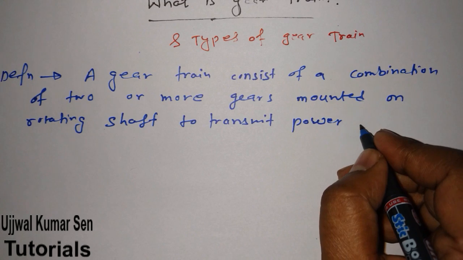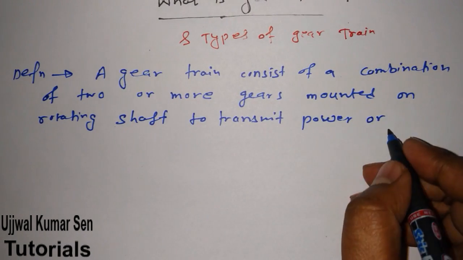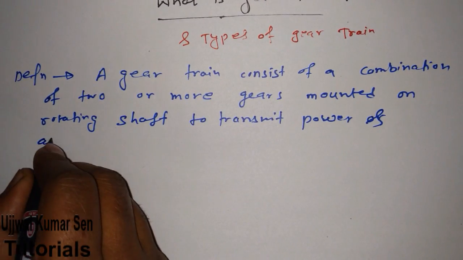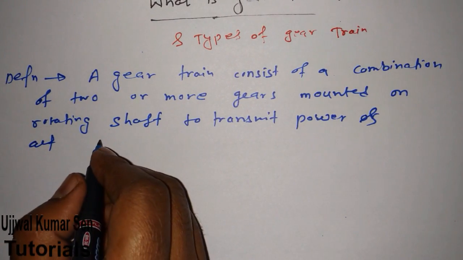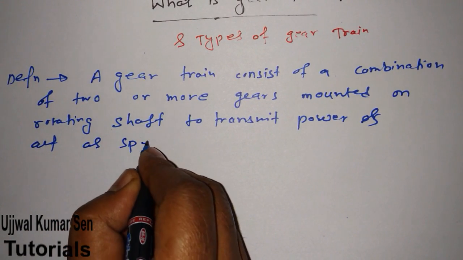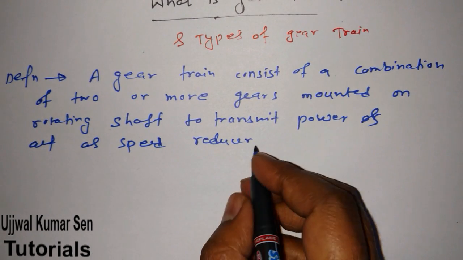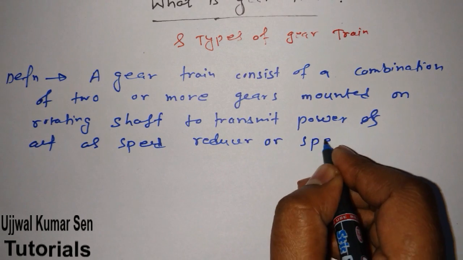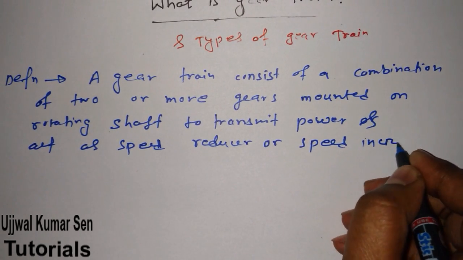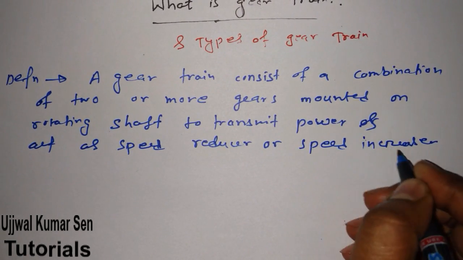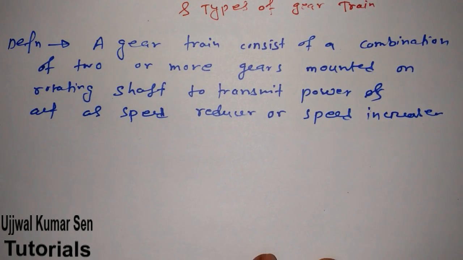Okay, and, not or, because both of them are working together, as a speed reducer or speed increaser. So this is the main definition of a gear train.